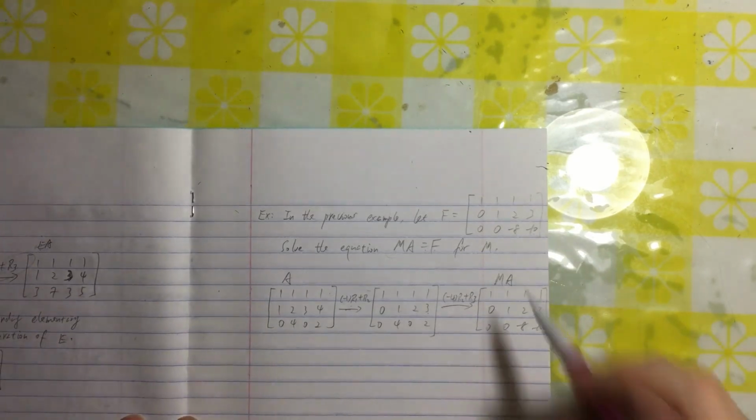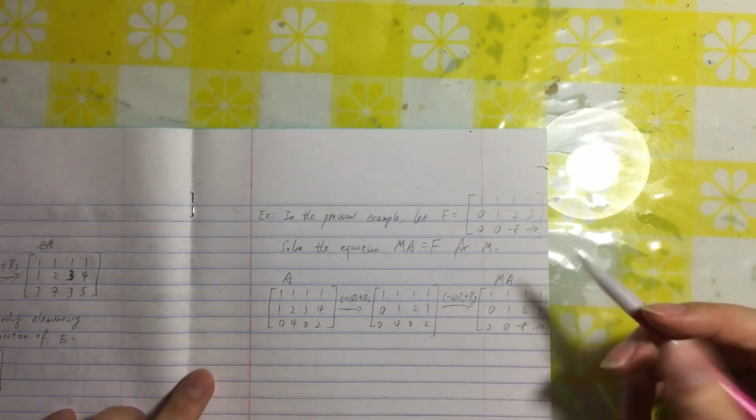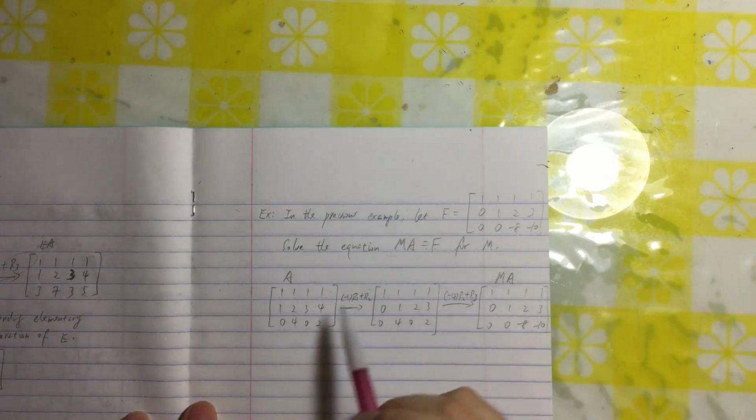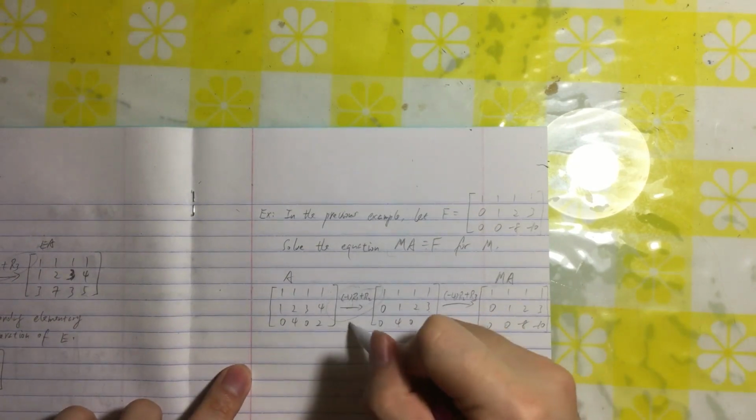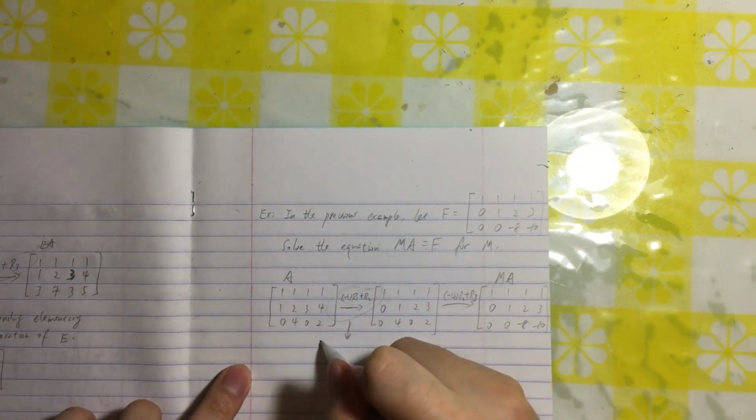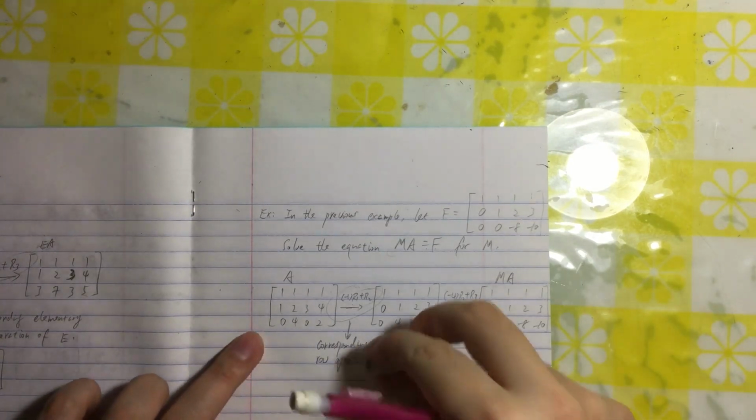Now, how do we find M here? Let's observe. This is an elementary operation. This is another elementary operation. Assume this is the corresponding elementary operation of a matrix called E1.